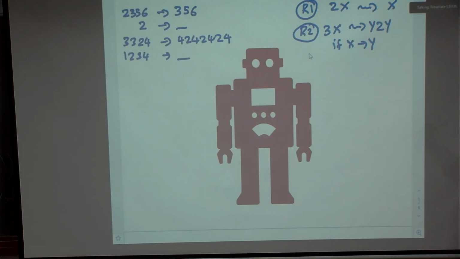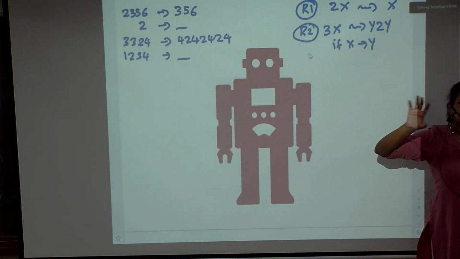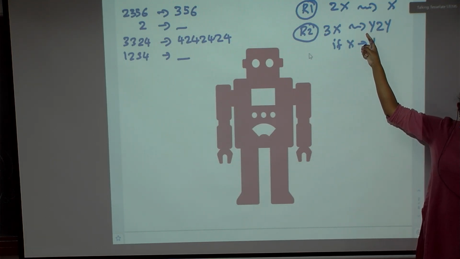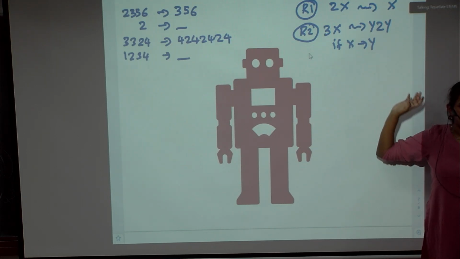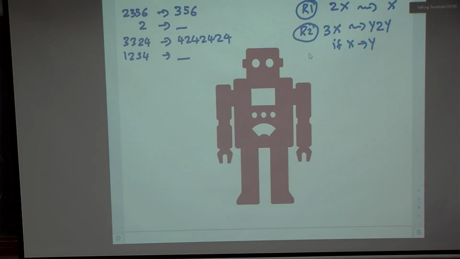If the number starts with a 2, it will just ignore the 2 and output whatever was remaining. If the number starts with a 3, let's try to understand what x was going to output. If x was given as the input, what would this machine output? You put that output there, put a 2, then repeat that output once again. That is what this machine is going to give if the input starts with a 3.